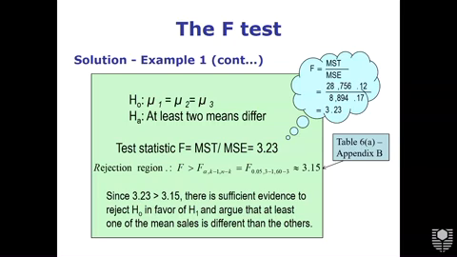Between 57 and 60. Got it, guys? What's V1? K minus 1 means 2. That's V1. V2 is N minus K, 57. Go to V2, 60, the nearest one, right?